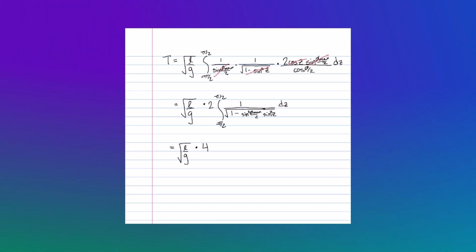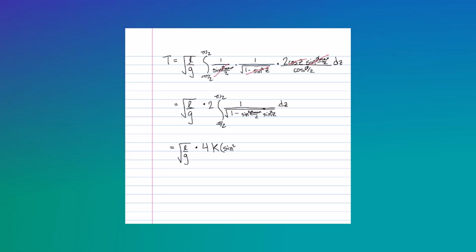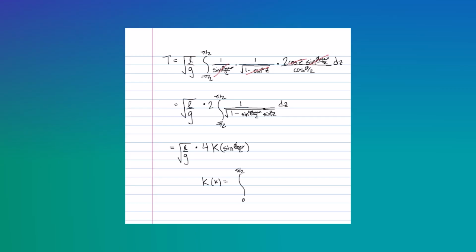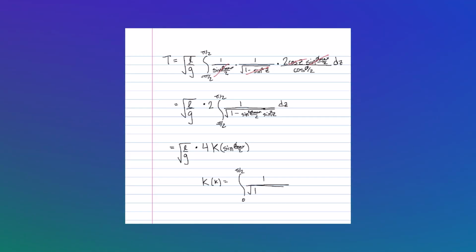Now we can write this, due to symmetry, as having a 4 instead of a 2. And we can create a function capital K of sine of phi max over 2 that is defined as follows: the integral from 0 to pi over 2 of 1 over the square root of 1 minus k squared sine squared z dz.